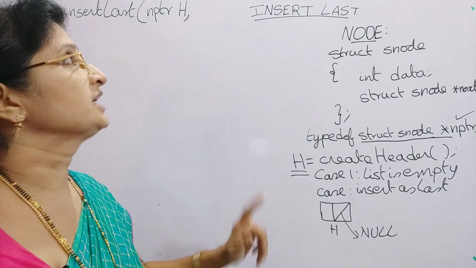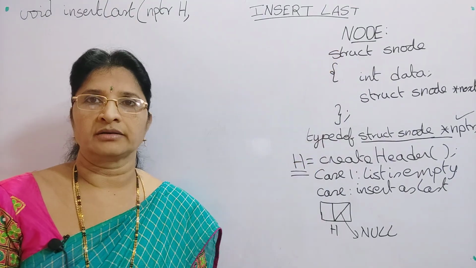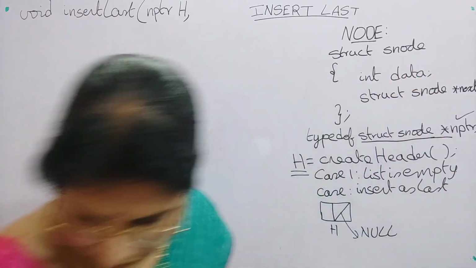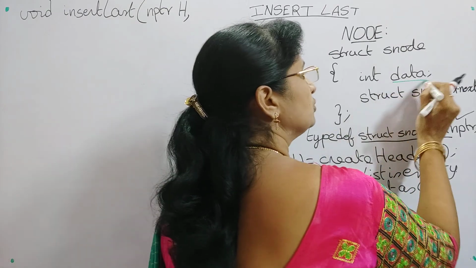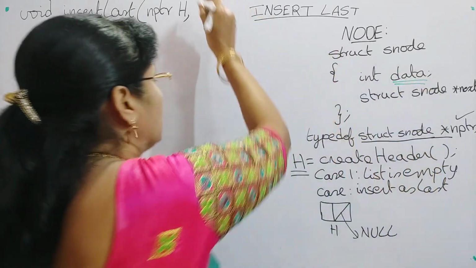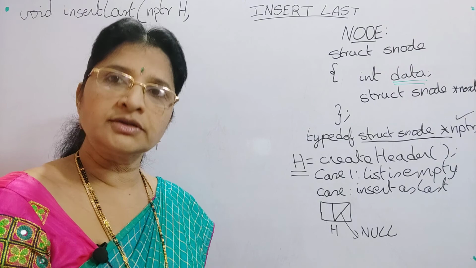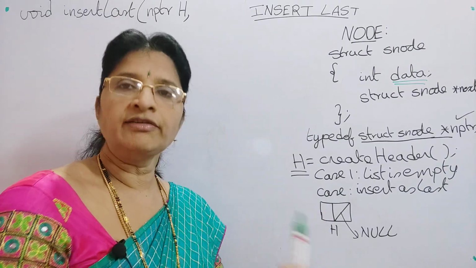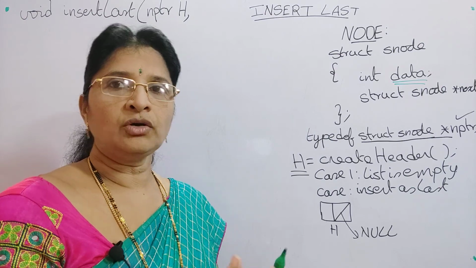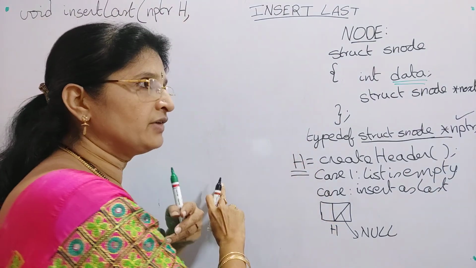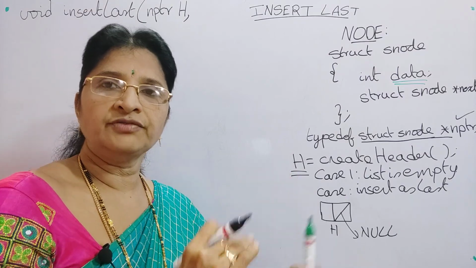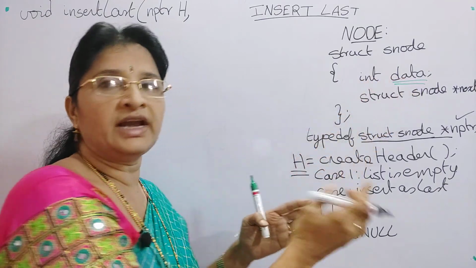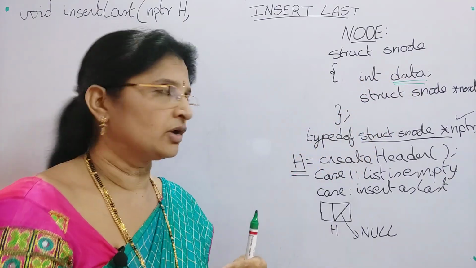Next, whenever you want to insert an element, you can pass the data value either as a parameter to the function, or you can read the value within the function. We have flexibility whenever we are programming. You can pass only the header and read the value of data within the function also.